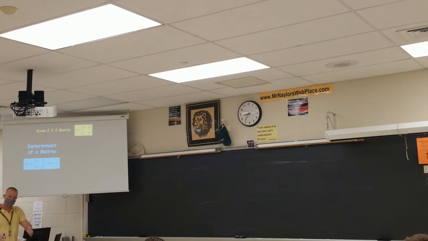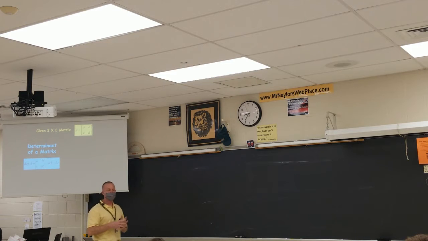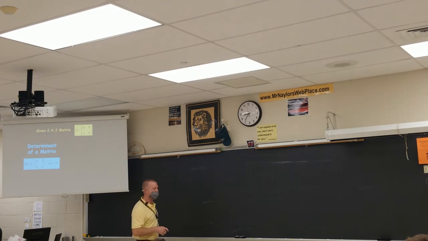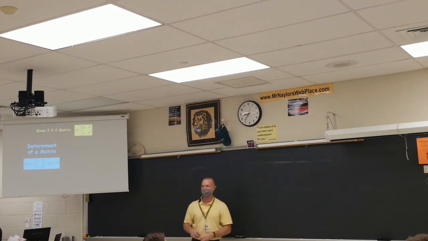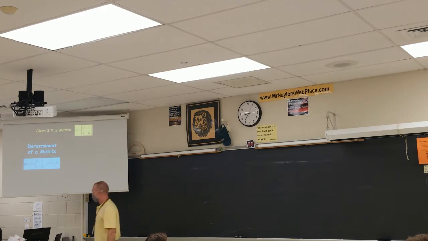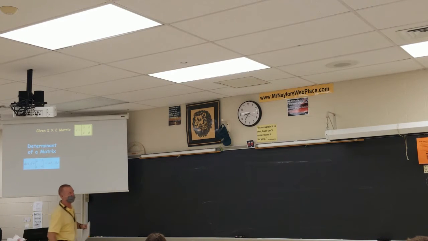When you see straight lines like that, that's not a typo. That also means determinant. Basically you want to follow the formula, which says to multiply the diagonals and subtract. By the way, you have to multiply in the order that is shown here. In other words, you have to do the main diagonal first. The main diagonal is the one that I'm showing here, and then you subtract what we call the secondary diagonal.